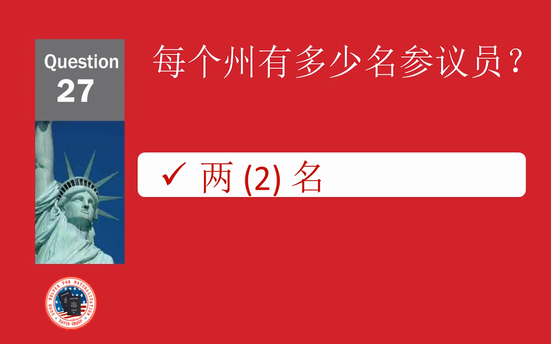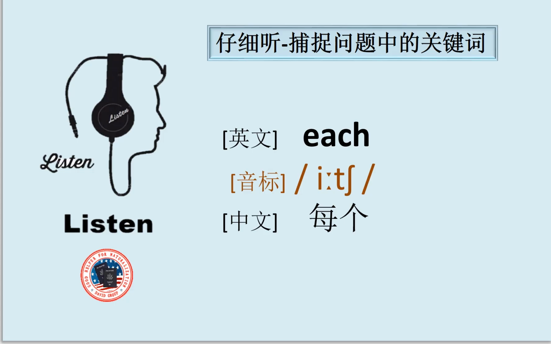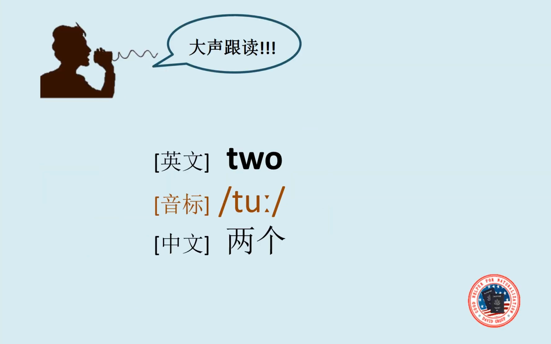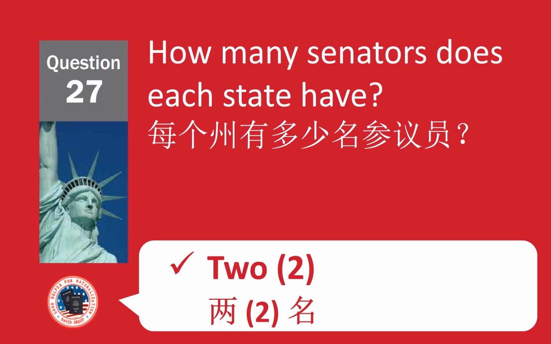每个州有多少名参议员？2名。Each state. 2. How many senators does each state have? 2.